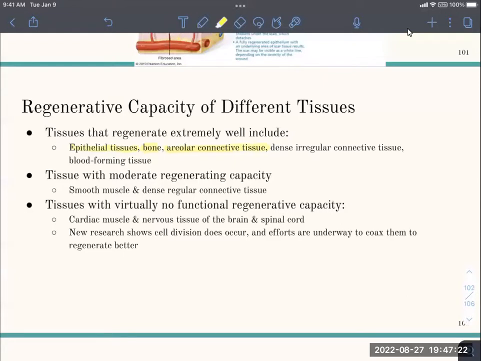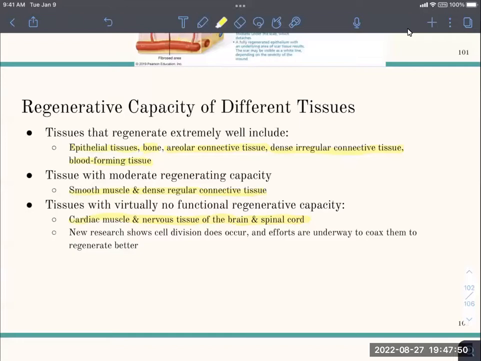It needs to. Dense irregular connective tissue and blood-forming tissue, they all regenerate extremely well. Smooth muscle and dense regular connective tissue can regenerate somewhat well. Cardiac muscle and nervous tissue for the brain and the spinal cord really cannot regenerate at all.